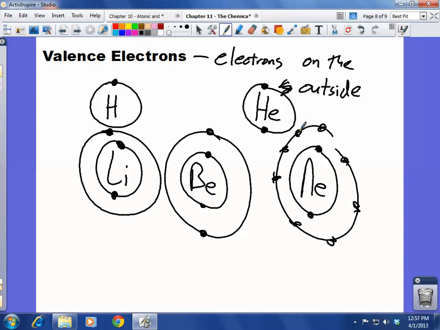But it's these electrons on the outside, which we're going to call valence, which are going to be the most important ones. So while lithium has 3 electrons total, I really only care about this 1 electron on the outside when I'm talking about chemical reactions.